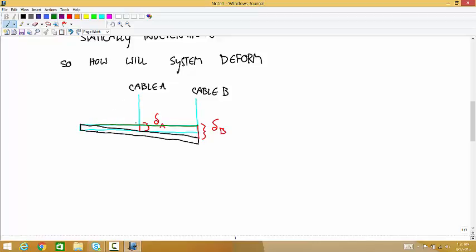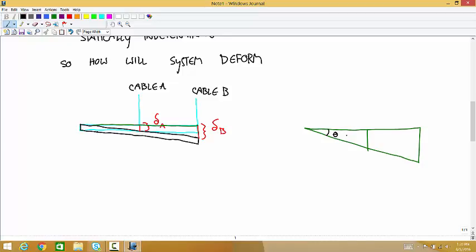Okay, so if I exaggerate this, I have two similar triangles.